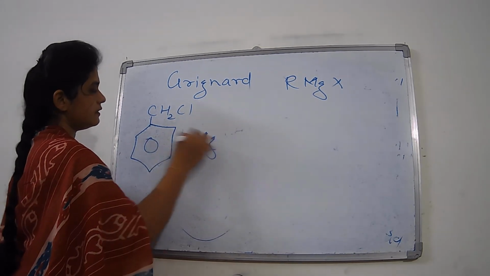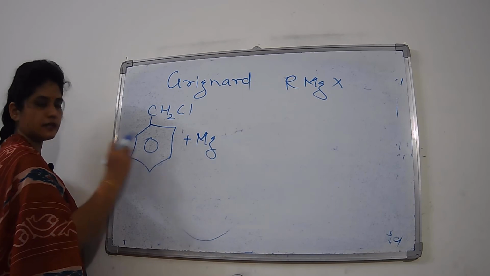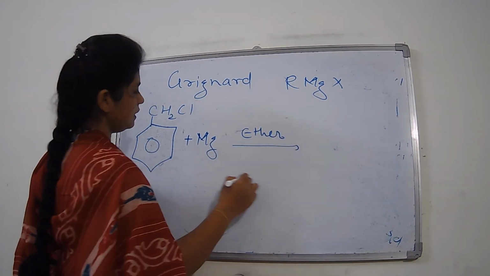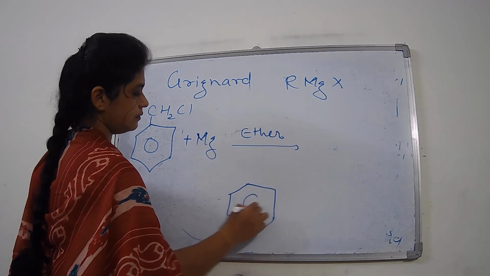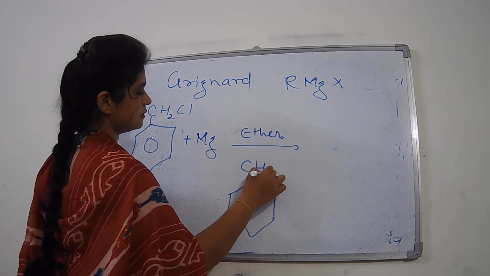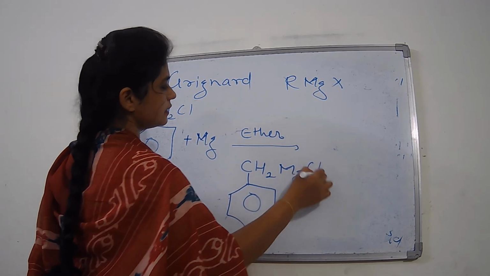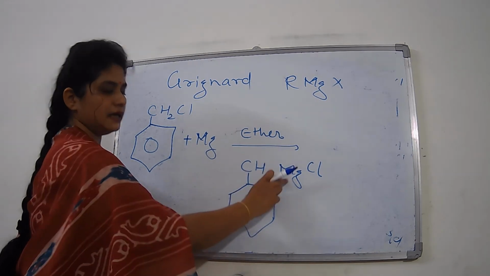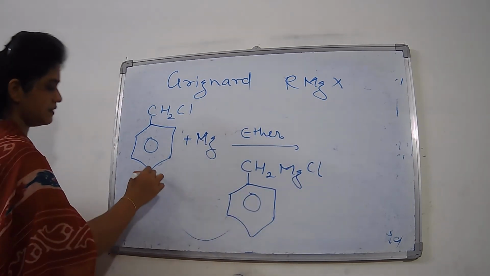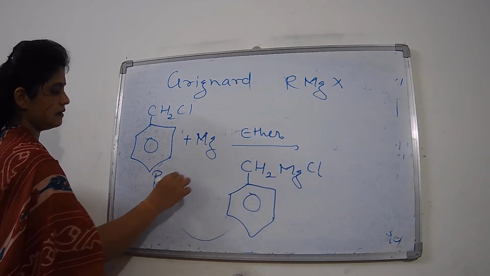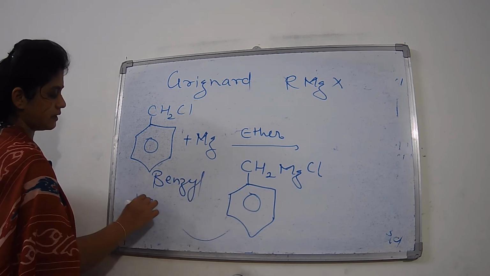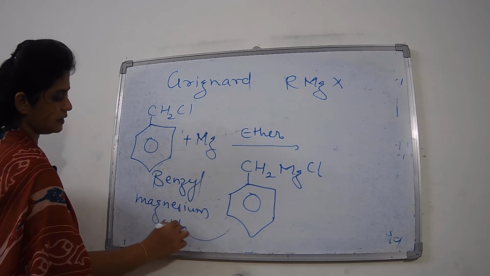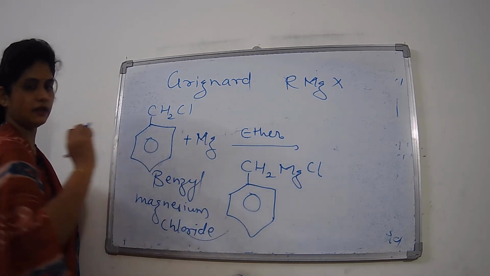Whenever benzyl chloride reacts with magnesium in the presence of ether, we get the compound called a Grignard reagent. Specifically, it is benzyl magnesium chloride, which is commonly known as a Grignard reagent.